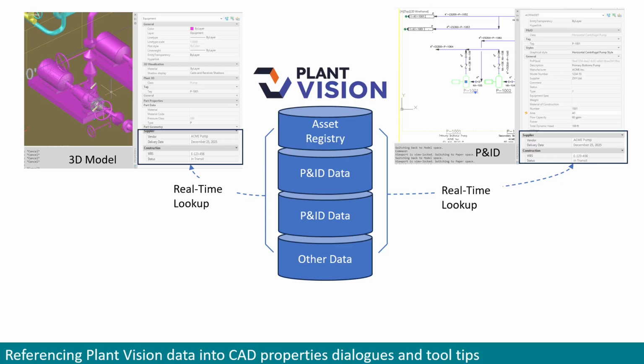So when we pick on an asset like this pump, we can look up any of the information in real time from Plant Vision. And then Plant Vision extends the component properties to include this extra data that was configured to show in the user interface. This feature also creates the opportunity for us to remove fields from the working databases of the design tools that really aren't entered there or needed by the application.